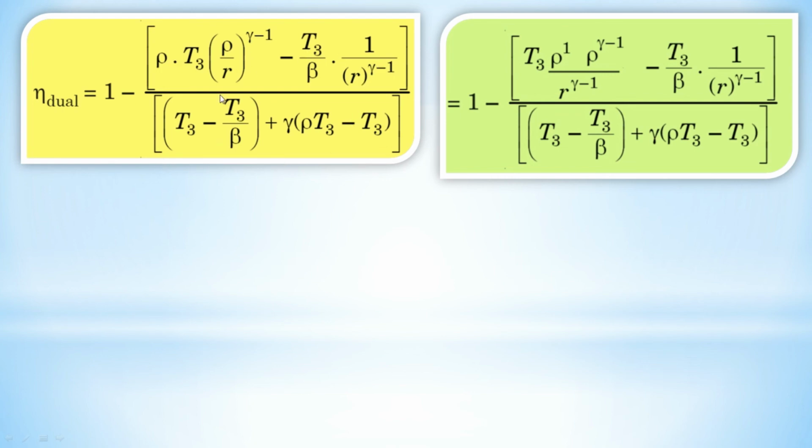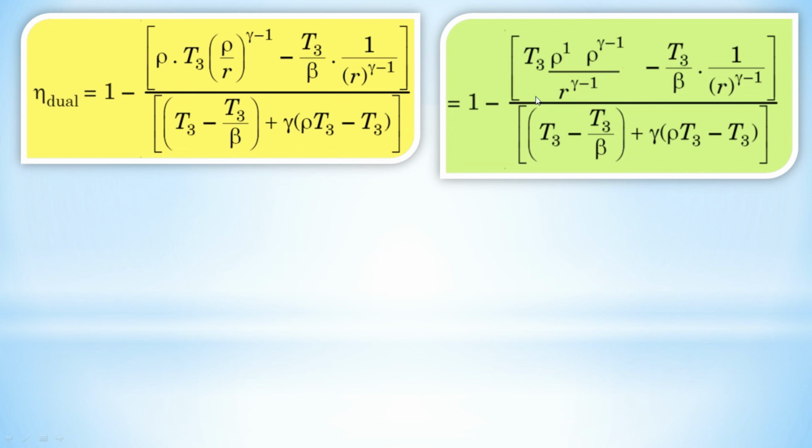We have already derived this in the previous slide, as per the fundamental mathematical rules. Here we give the index separately, so rho raised to gamma minus 1 divided by R raised to gamma minus 1. Here we give the index separately to numerator and denominator, minus T3 by beta, the remaining term is as it is.